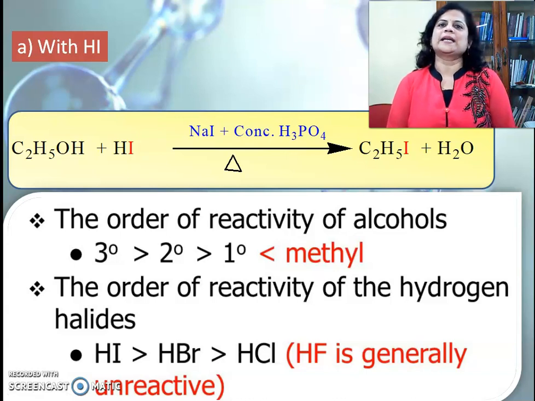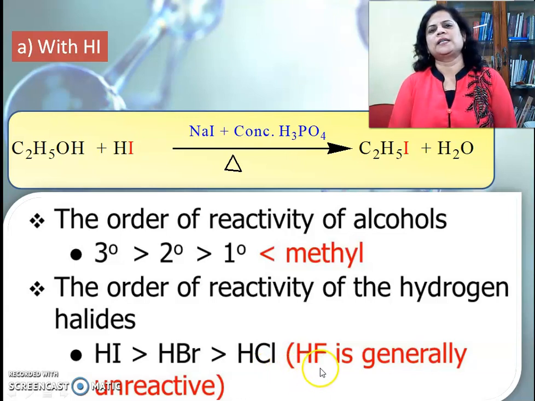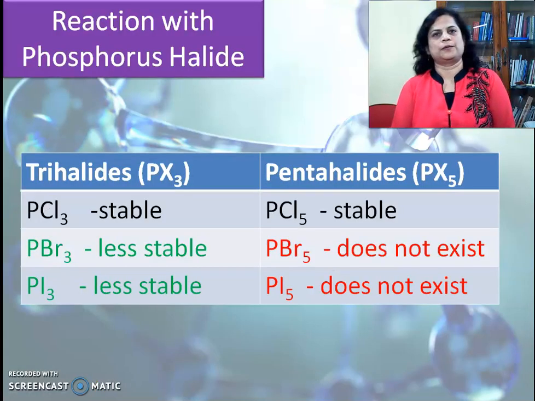For the hydrogen halides, HI is more reactive than HBr, and HBr is more reactive than HCl. And as fluorine is very reactive, HF is generally unreactive with alcohol.